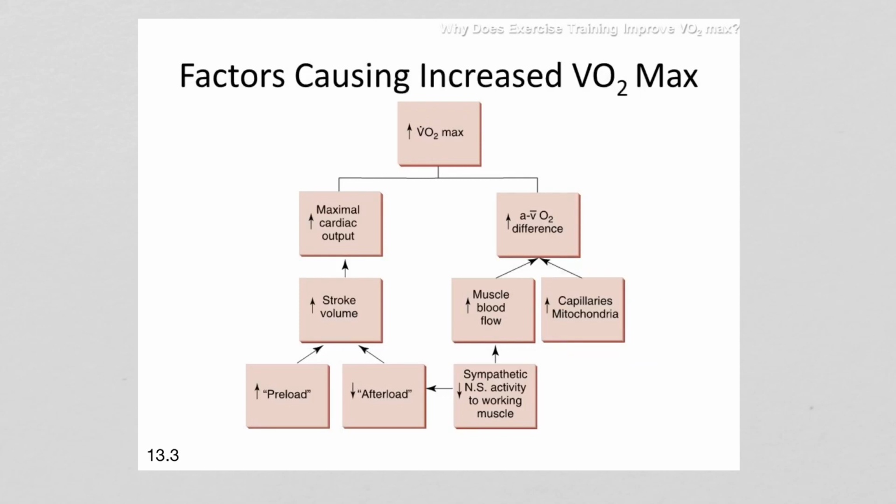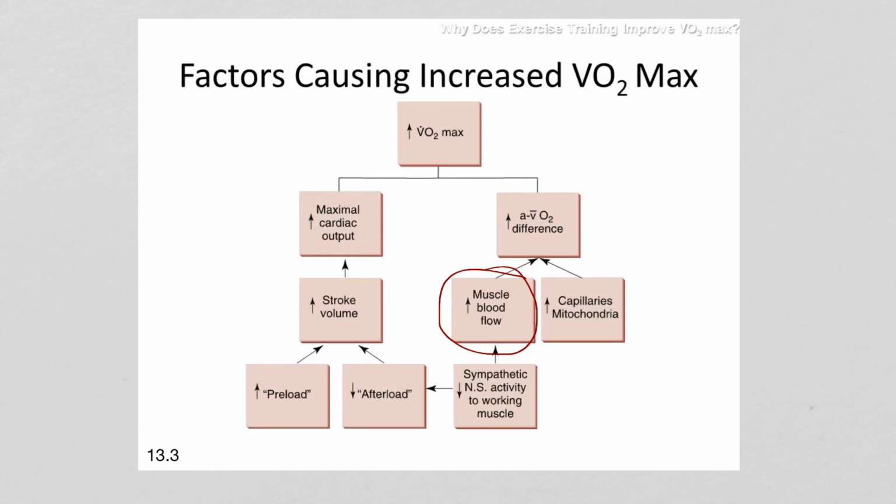The other factor that contributes to the increased AVO2 difference is this box here on the left, and that's the increase in muscle blood flow. It's not really discussed in this section of the book, but the point here is that as we go through exercise training, we get better at redistributing blood flow to the active tissues and have less flow to the inactive tissues.